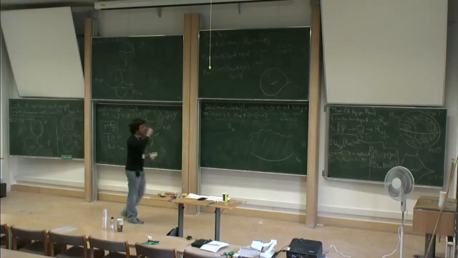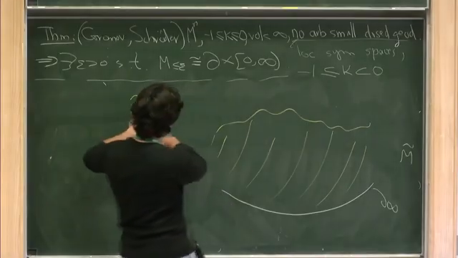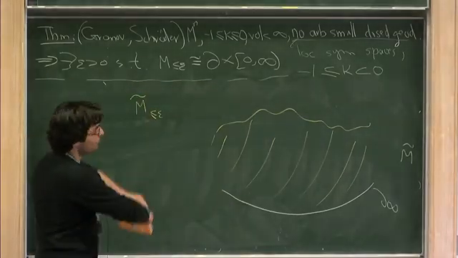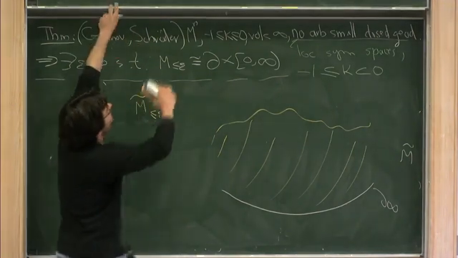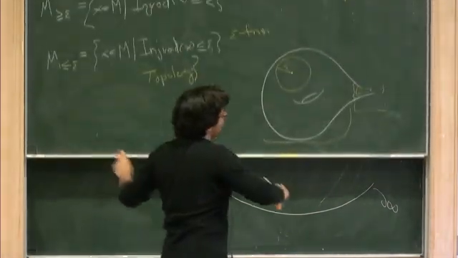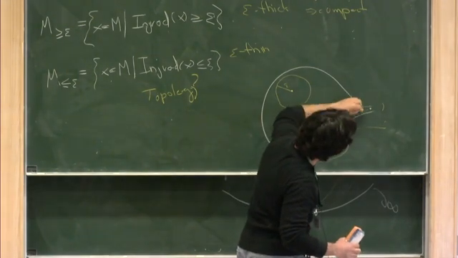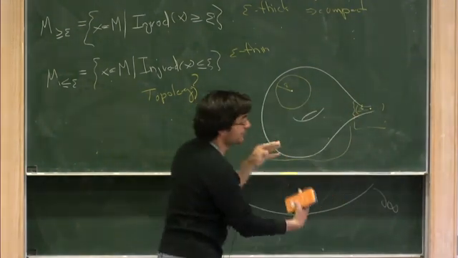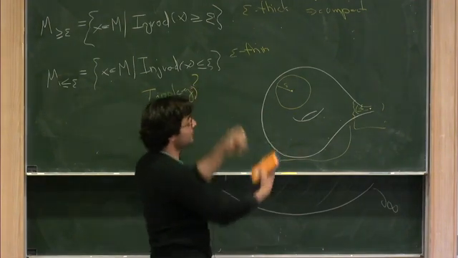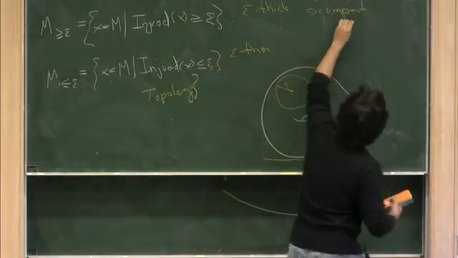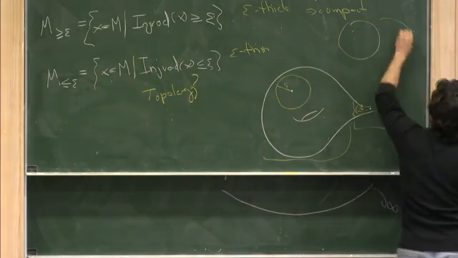The first thing to say is that there's a different way to describe what the thin part lifts to upstairs. Namely, you were in the thin part if a ball of radius epsilon did not embed. When you tried to embed, it overlapped itself. What that means up in the universal cover is that there are a pair of translates of the ball of radius epsilon.